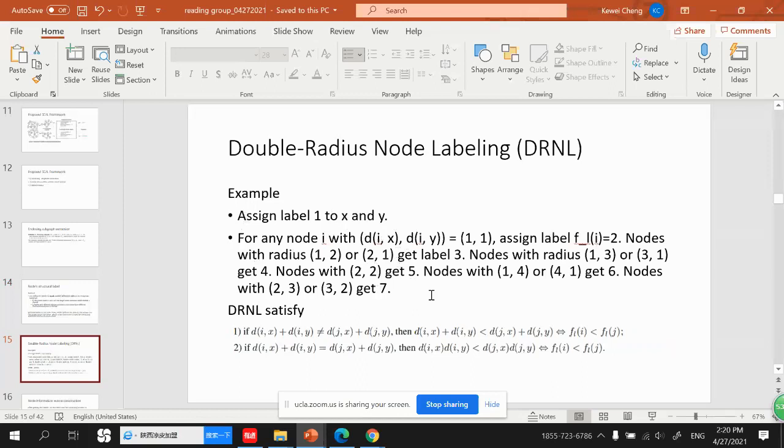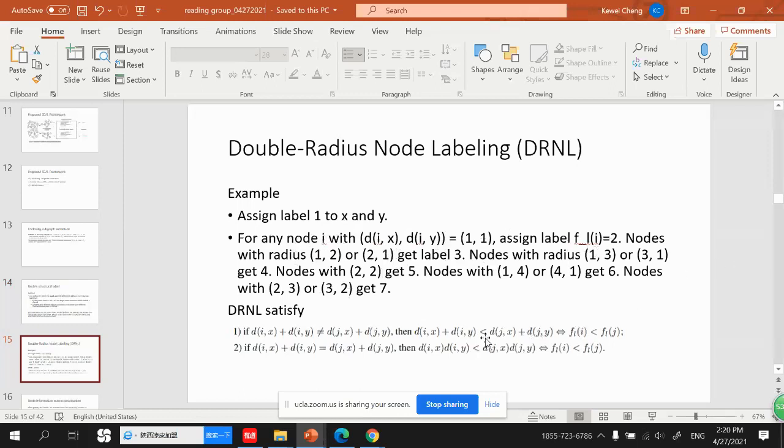And then for any node I with radii d_ix and d_iy equal to 1 and 1, which means that this node I is the neighbor of X and it also is the neighbor of Y, we will assign the label 2 to it.